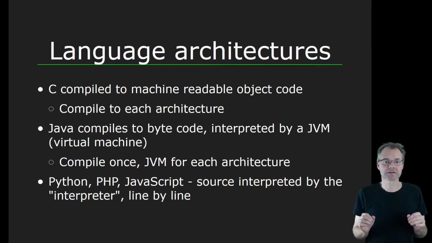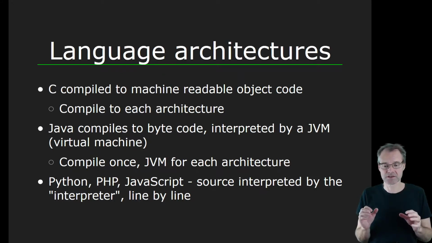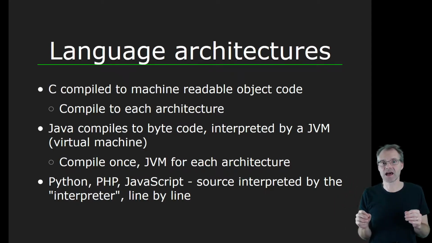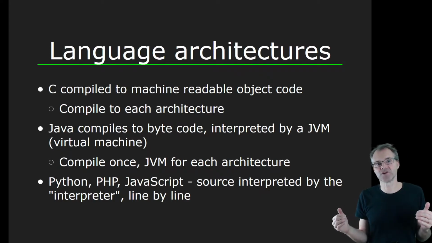Before we start, actually, let's think about how the different programming languages work. And here I have this at the top. So we have this C language, which is a compiled language. We have a compiler, and we need to create a C compiler for each architecture that we are working with.